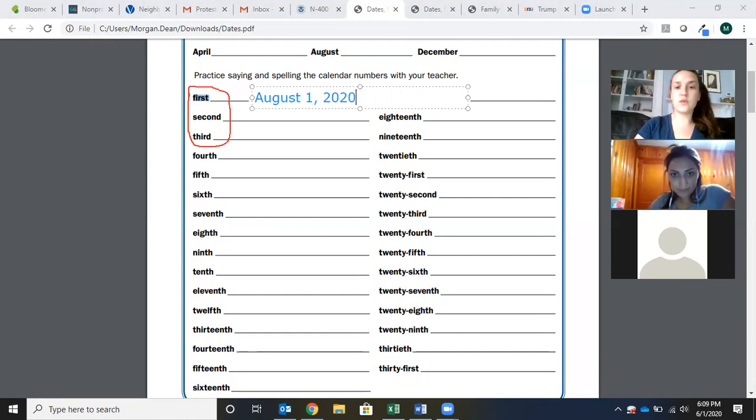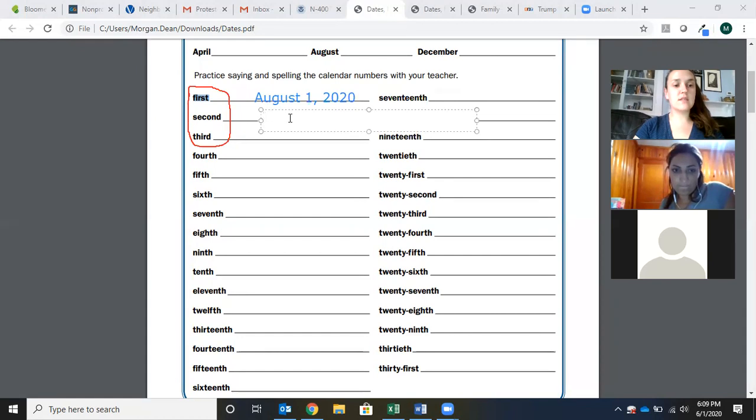And we'll just say 2020. Perfect. Let's do it again. What's a date that has the second with it? June 2. Second. Right, we got it. I think it's kind of hard, but we have to just keep practicing.